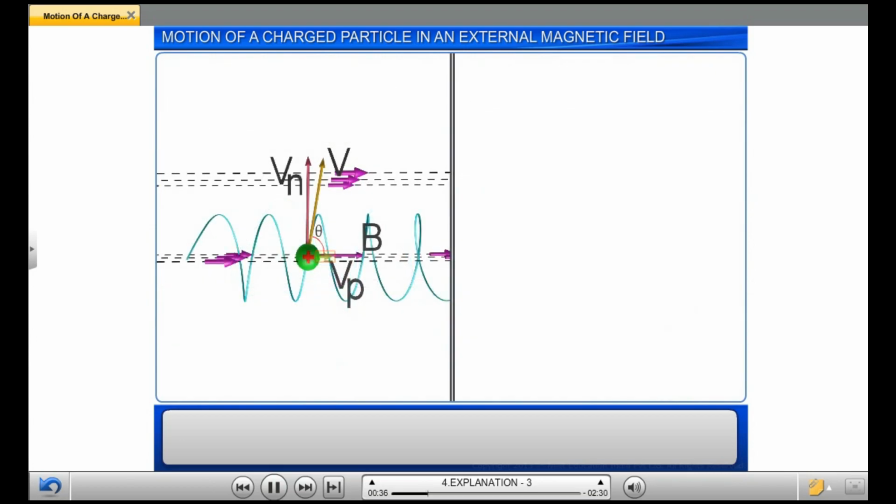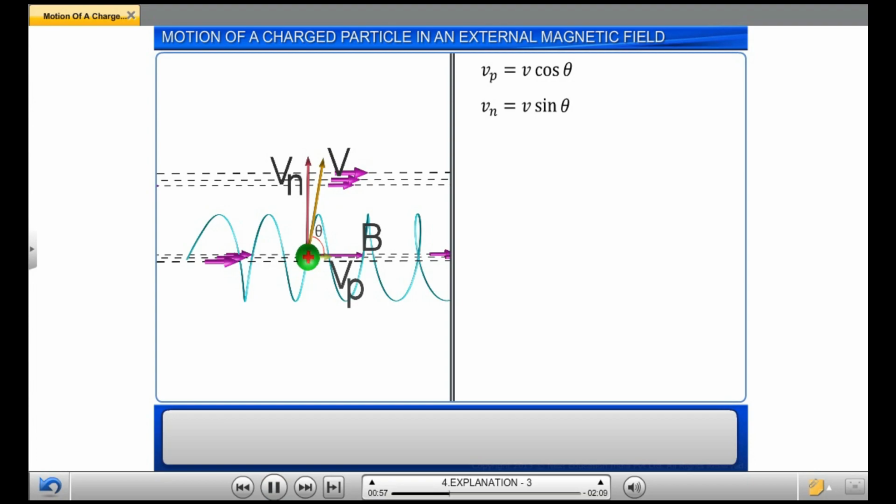Since Vp is parallel to the direction of the magnetic field, we have Vp is equal to V cos theta. As Vn is perpendicular to the direction of the magnetic field, we have Vn is equal to V sin theta.